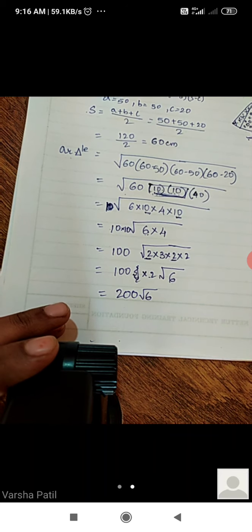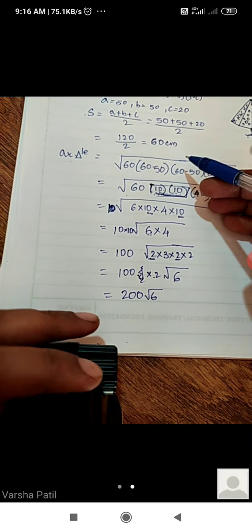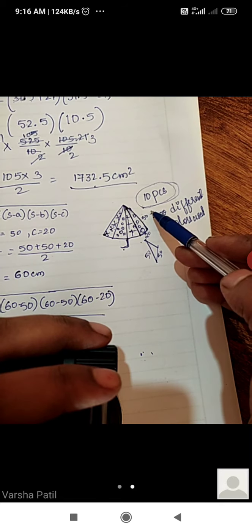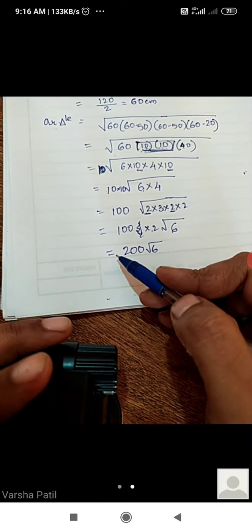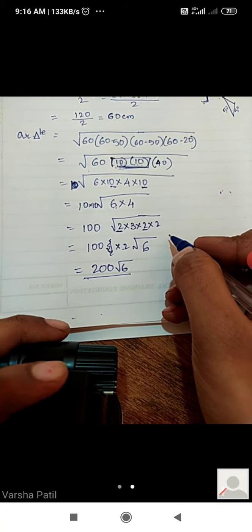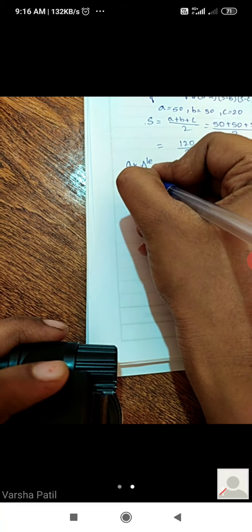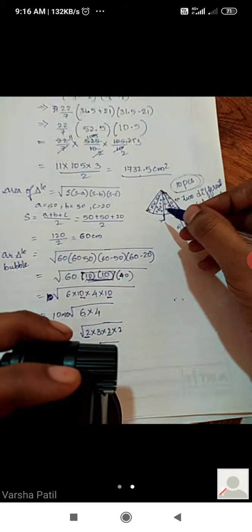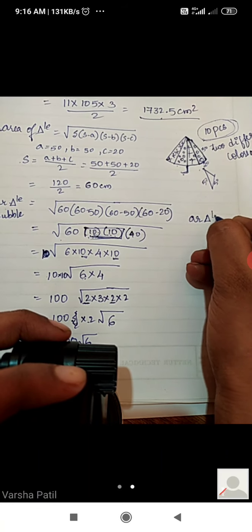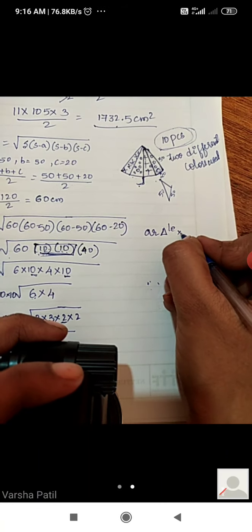Yes. Now how many triangular pieces are used? 10. This is the area for one piece. The other area is also the same. If I consider this area of triangle for bubbles, then for the area of the triangular shape of the X mark, how much?